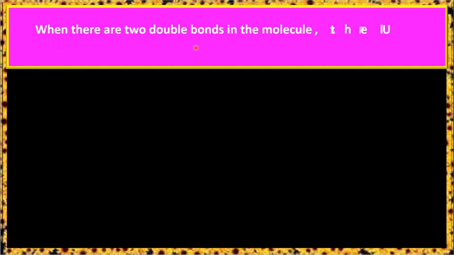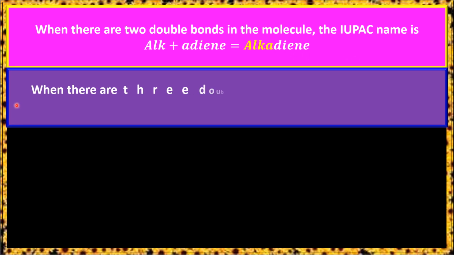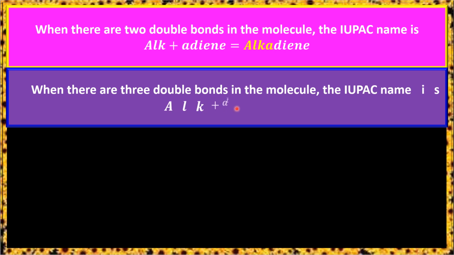You can see here, when there are two double bonds in the molecule, the IUPAC name is alk plus adiene, that is alkadiene. Similarly, when there are three double bonds in the molecule, the IUPAC name is alk plus atriene, that is alkatriene.